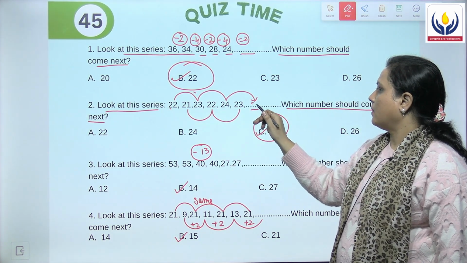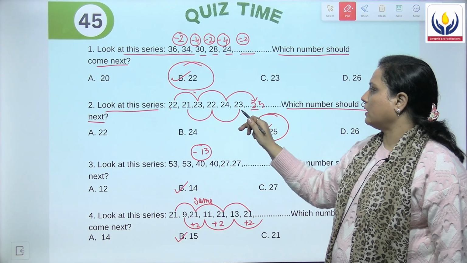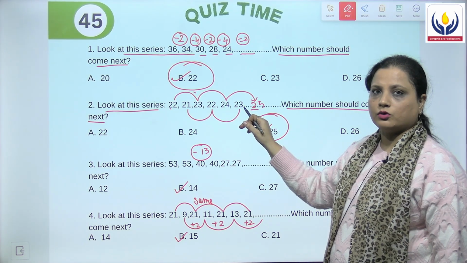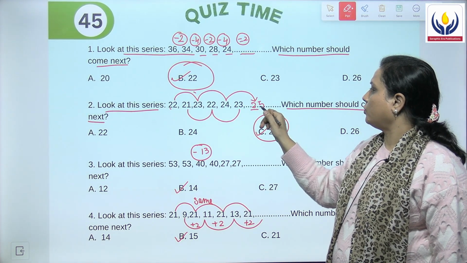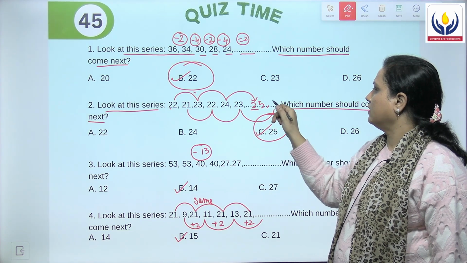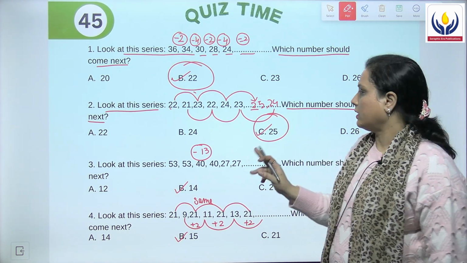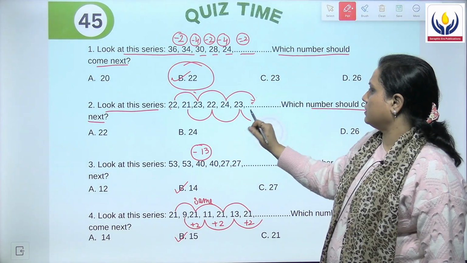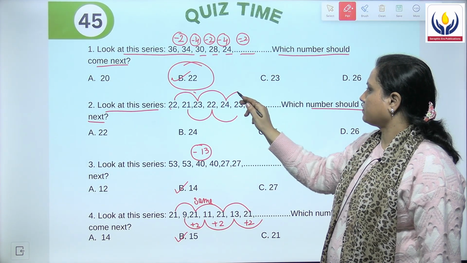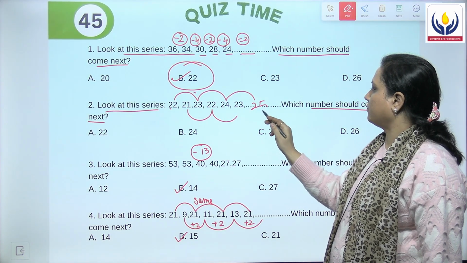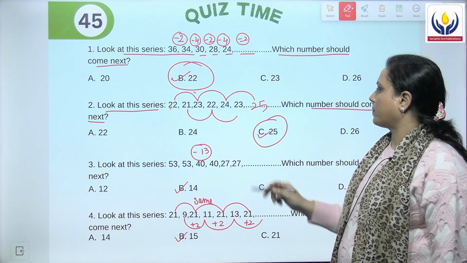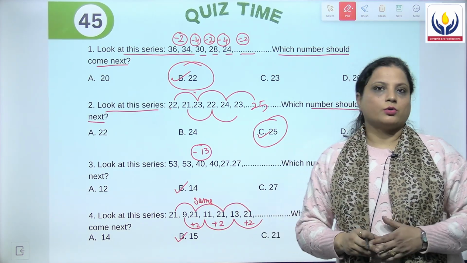That means here 25 will come, but if a number was asked after 23 here, after 25 it would have been 24. So they have only asked for one answer, hence the answer here is 25. That means C.